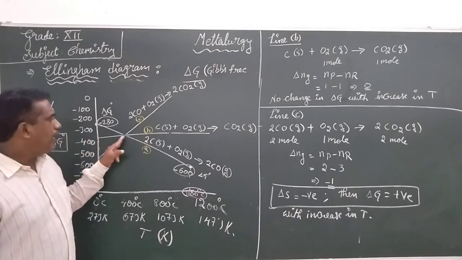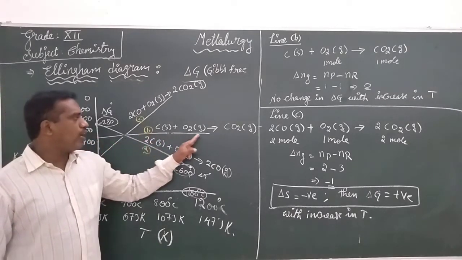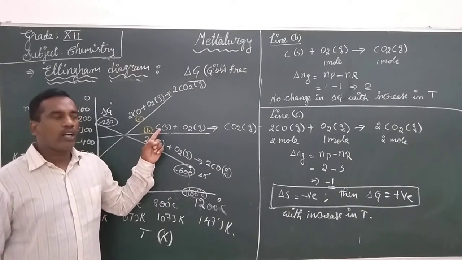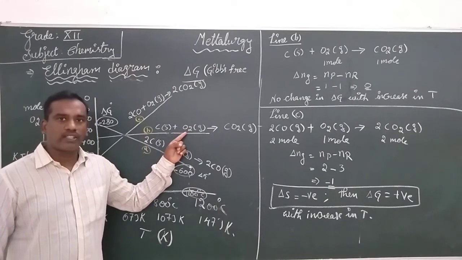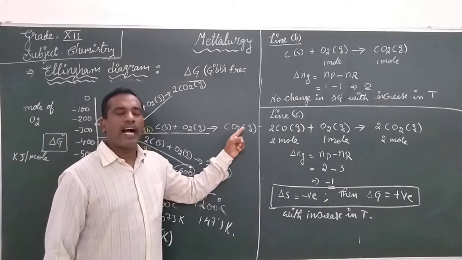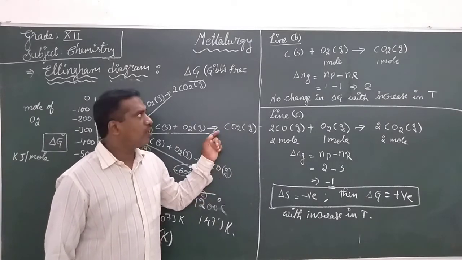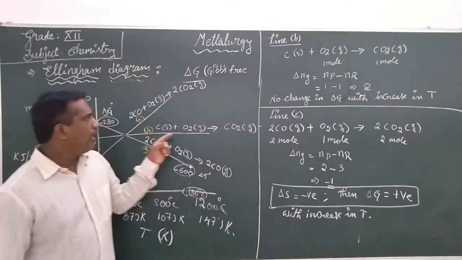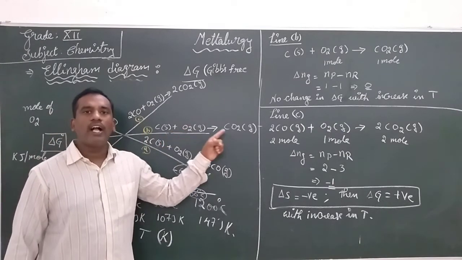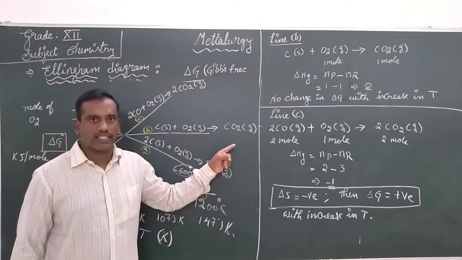It was going on, indicating that carbon coke is reacting with oxygen gas to form carbon dioxide gas. What is the line B expressing? Coke is reacting with oxygen gas to form carbon dioxide gas.